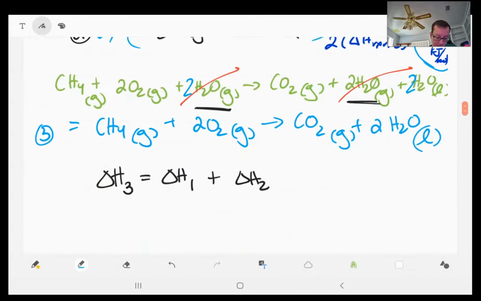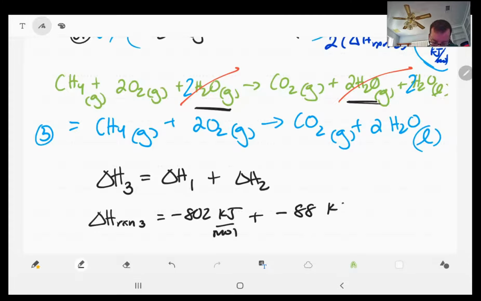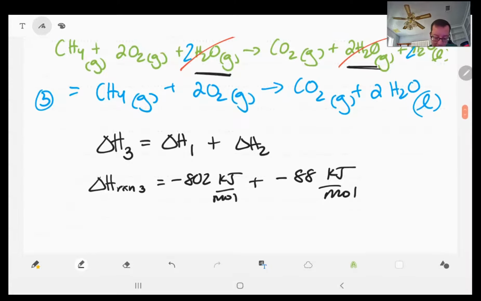And so, our delta H total for this new reaction is going to be the sum of those two. Notice again we use the 88 because we had to multiply our second reaction by 2. And so if we add these together, we get negative 890 kilojoules per mole.